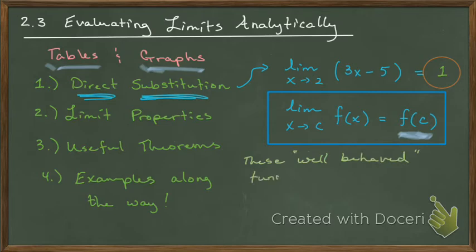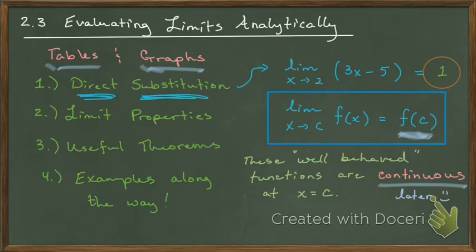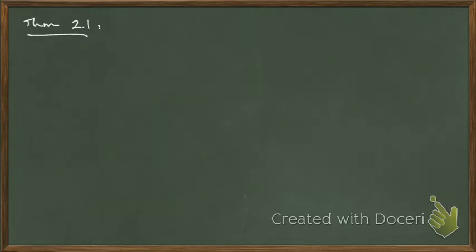These well-behaved functions are called continuous at x equals c. That idea of continuous is something that we'll define later. But just as a heads up, those are called continuous functions when you can take a limit and it's the same as the function value, and a couple other things.